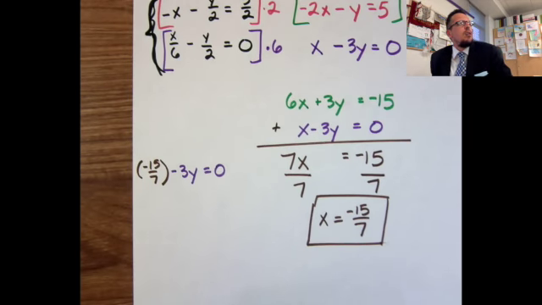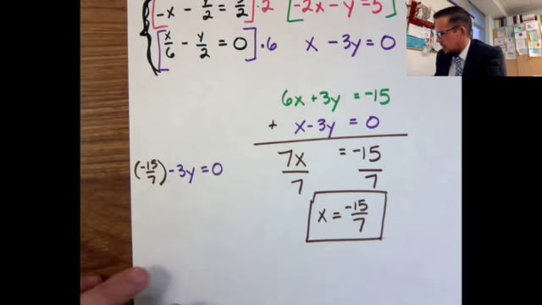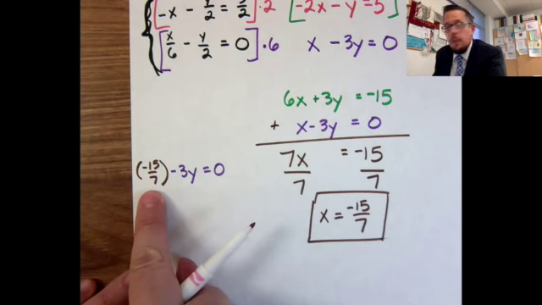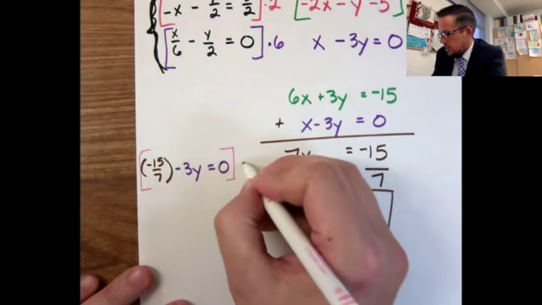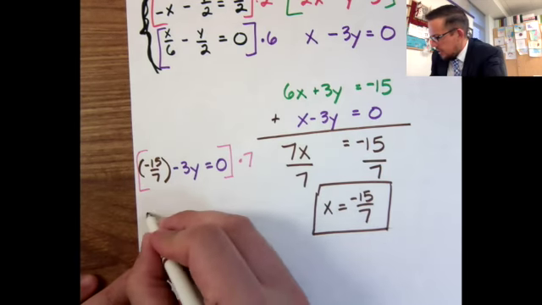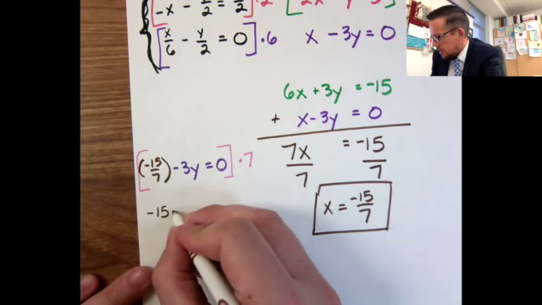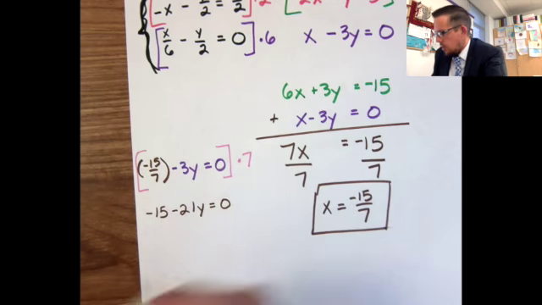That doesn't get me super excited to get out of bed in the morning, but I think we can make it work. Let's get rid of the fractions. What can I multiply by that'll get rid of this fraction? I got to multiply by at least the denominator, so at least 7. That'll give me negative 15 minus 21y equals 0.